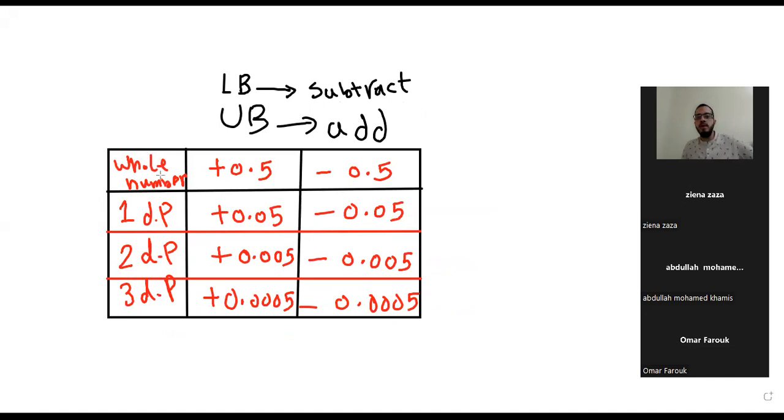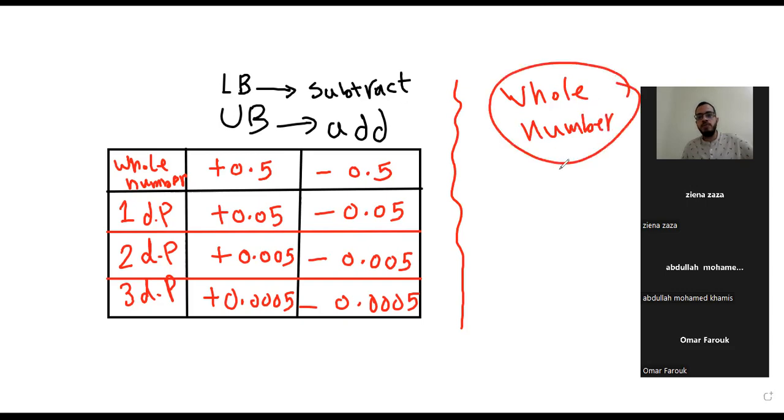Why here? In the whole number, I add 0.5. Why? Because one whole number is considered as 1. Then you divide 1 by 2. 1 divided by 2 is 0.5.